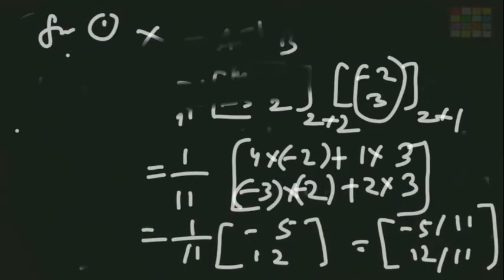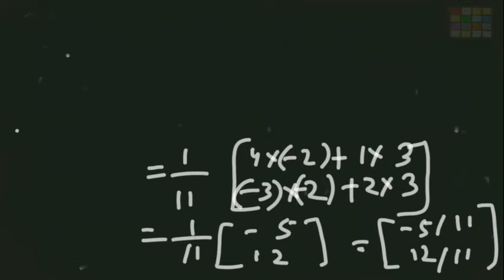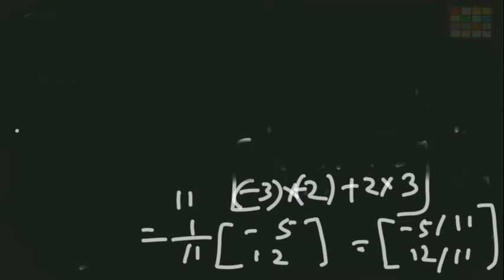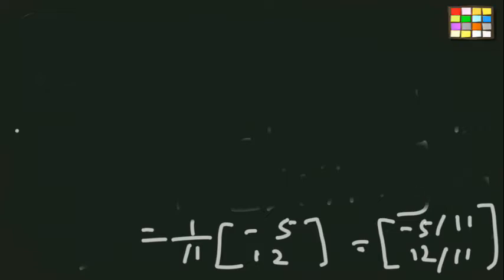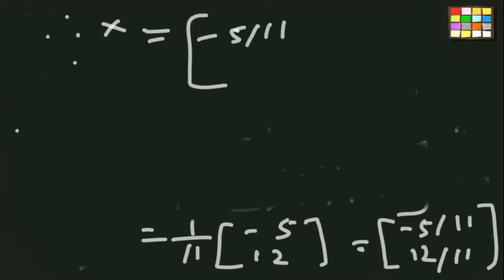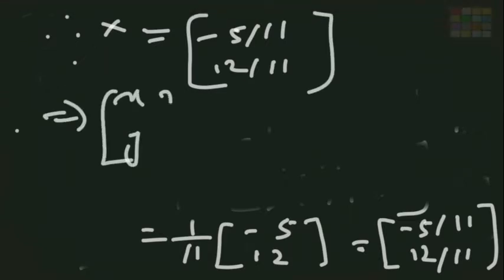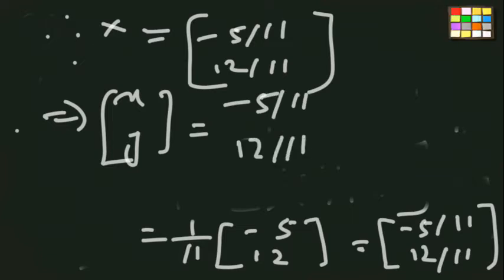Now look at how I conclude this solution. Here I have told you x is A inverse B, so at last I write, therefore x equals minus 5 by 11 and 12 divided by 11. So our x is nothing but x and y, that is minus 5 by 11 and 12 divided by 11.